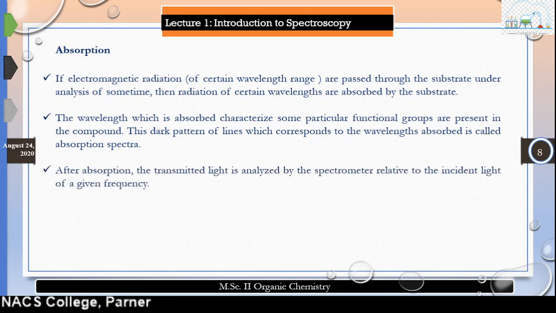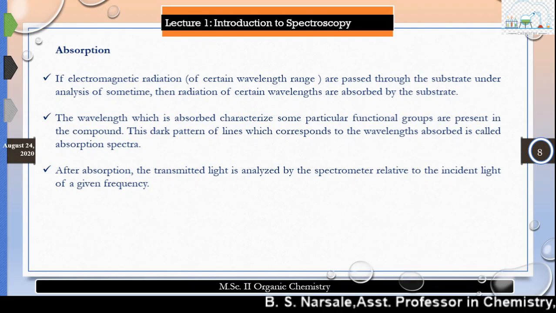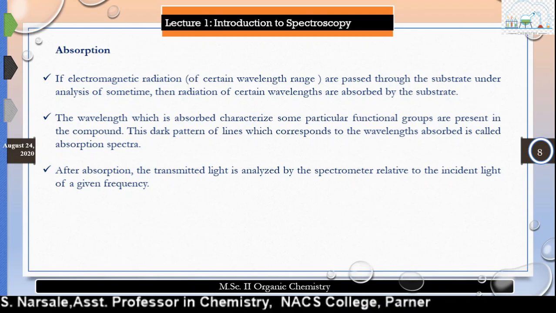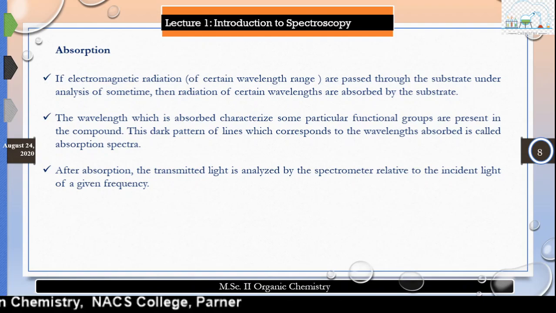This absorption spectra, after absorption, transmits the light, and this transmitted light is analyzed by a spectrometer and compared with the incident light.